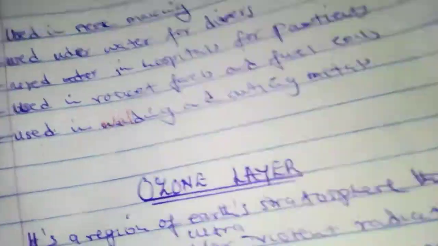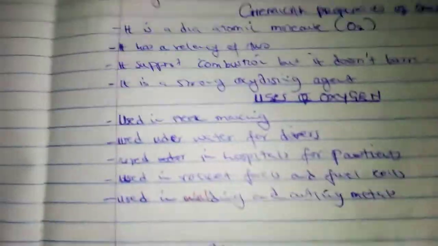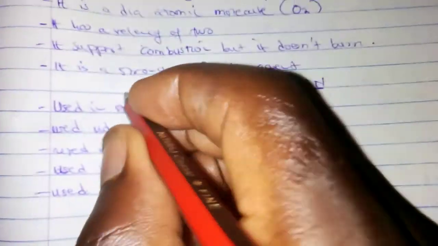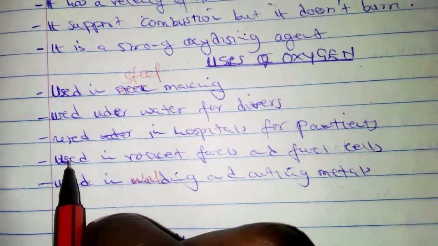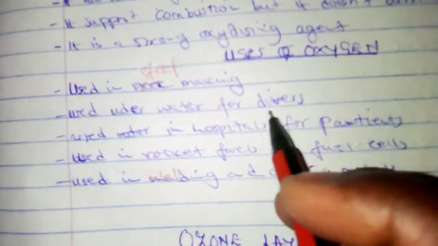The last thing we want to look at are the uses of oxygen. So oxygen is used, one, in steel production. Number two, it is also used by those that go underwater, the divers.